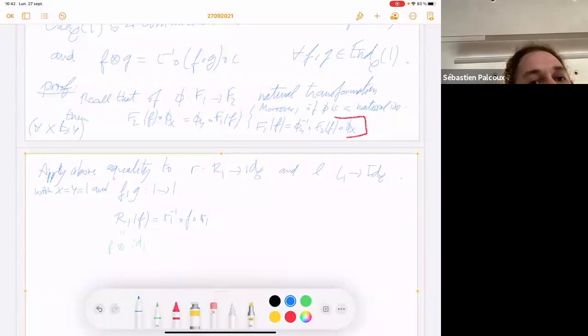And you also get L1 of G equal L1 inverse, composed with G, composed with L1.